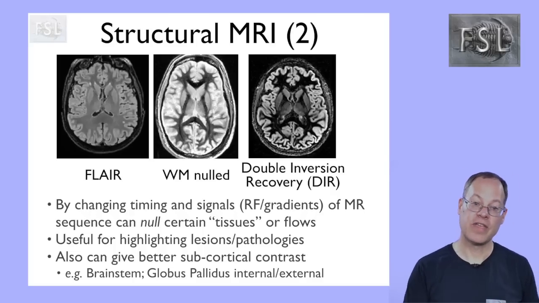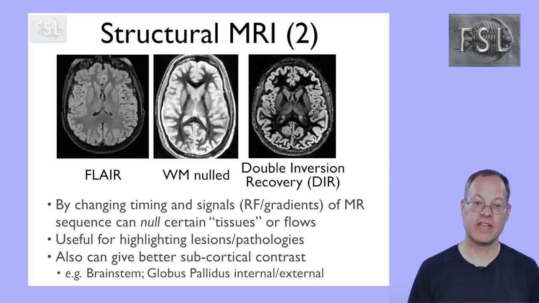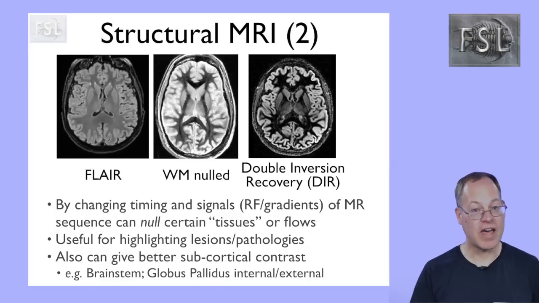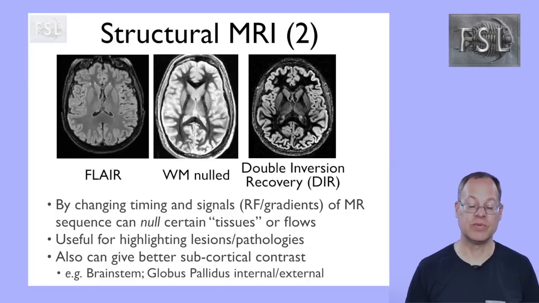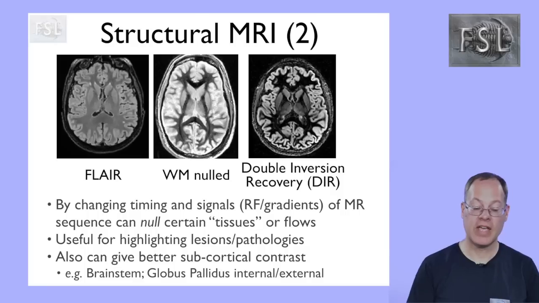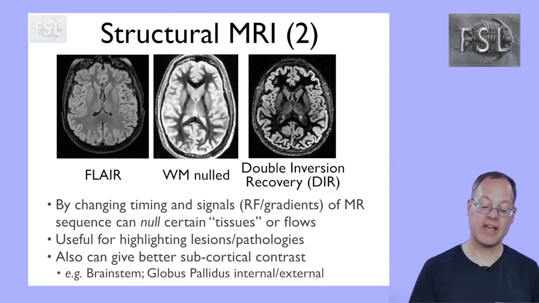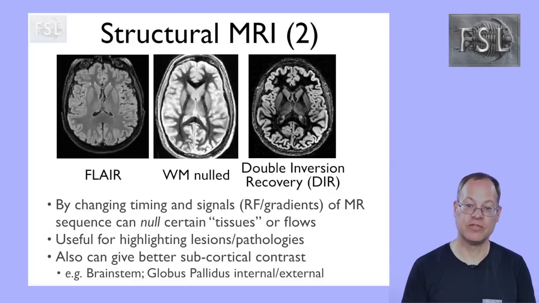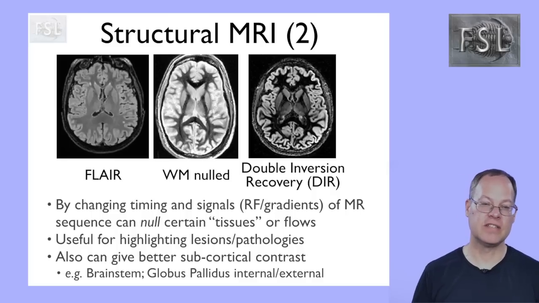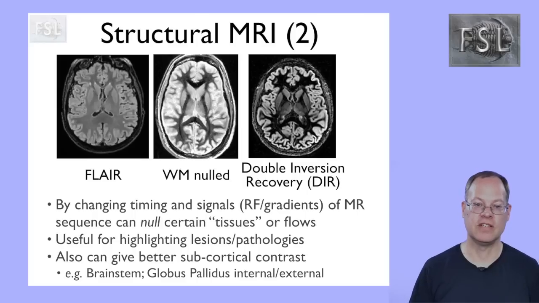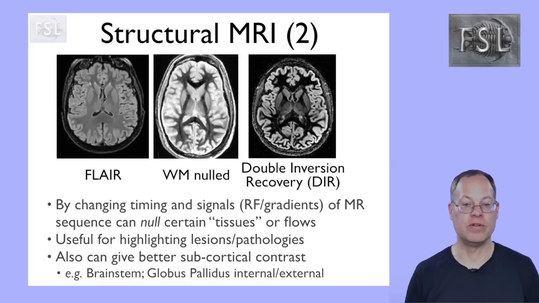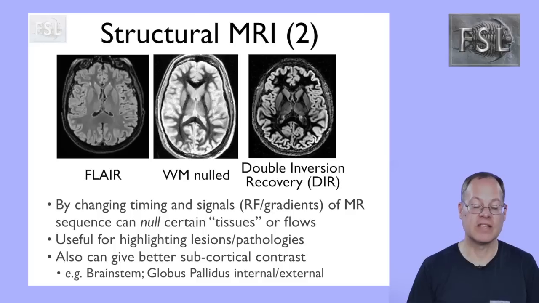Okay, so that's talking about some of the kinds of things that we can get out of structural MRI. There are other kinds of structural MRI acquisitions that we can get, as I mentioned before. Here are another three. One is FLAIR, one is white matter null, and one is double inversion recovery. Each of these is an example of what happens when we suppress one particular tissue's intensity. In FLAIR, we suppress the fluid. It's fluid attenuated, so that's actually suppressing the intensity from the CSF.